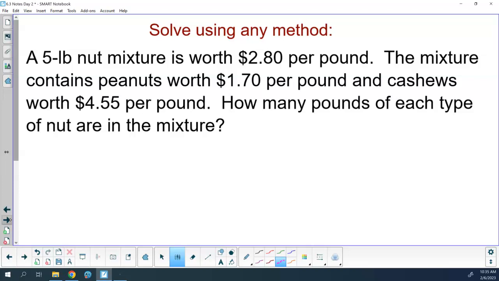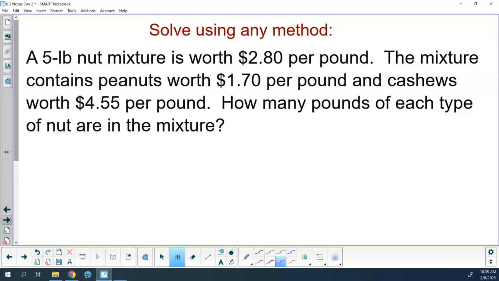Okay? So a 5-pound nut mixture is worth $2.80 a pound. The mixture contains peanuts worth $1.70 a pound and cashews worth $4.55 per pound. How many pounds of each type are in the nut mixture?